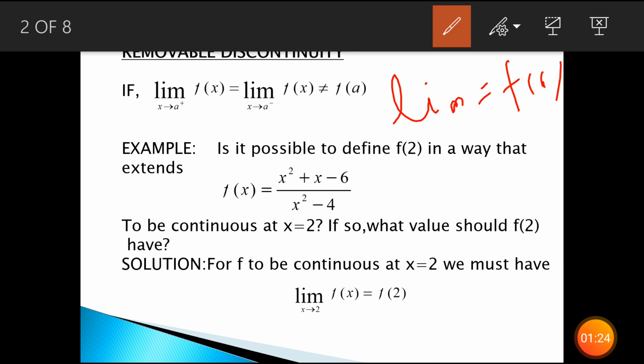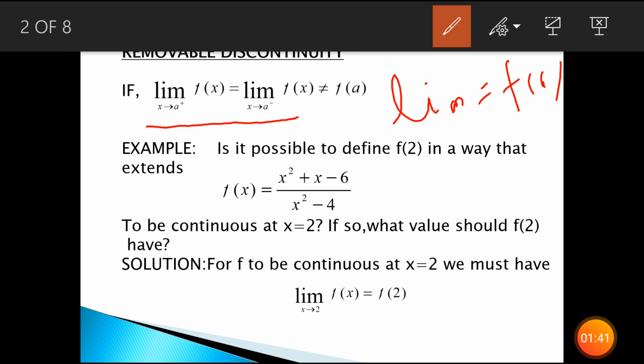Removable discontinuity we are discussing. Limit value means left hand limit should be equivalent to the right hand limit, which should be equivalent to the functional value. So what happens in the case of removable discontinuity? In case of removable discontinuity, the limit exists.